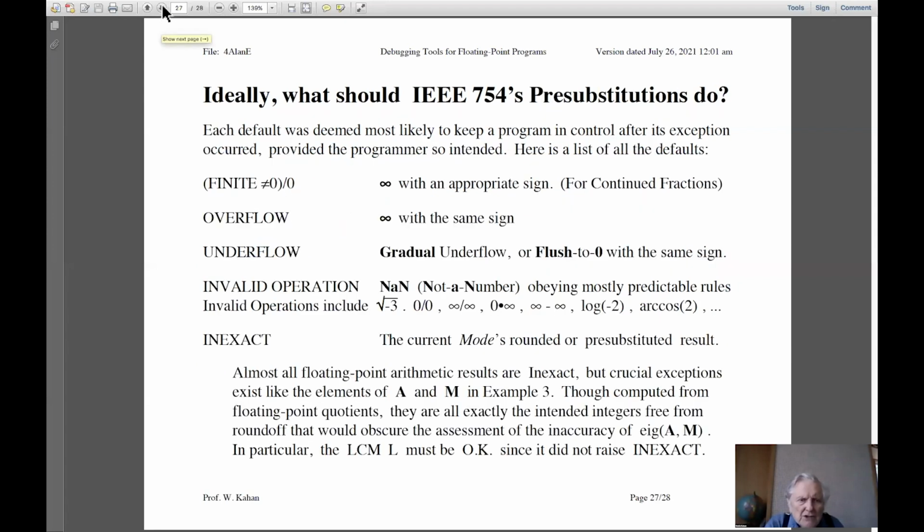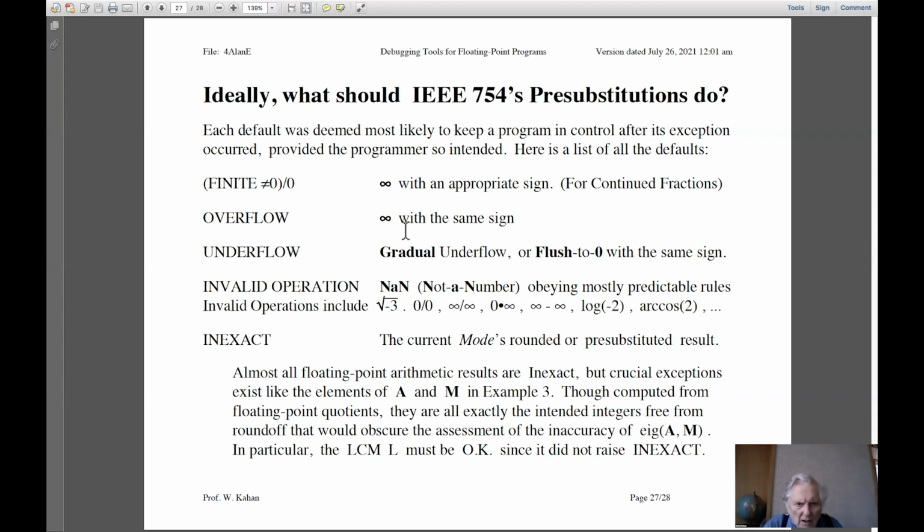Well, for each of the 5 exception classes, there are things that used to be built into the hardware, and nowadays you can probably get a different set of choices if you want to change the pre-substitutions.